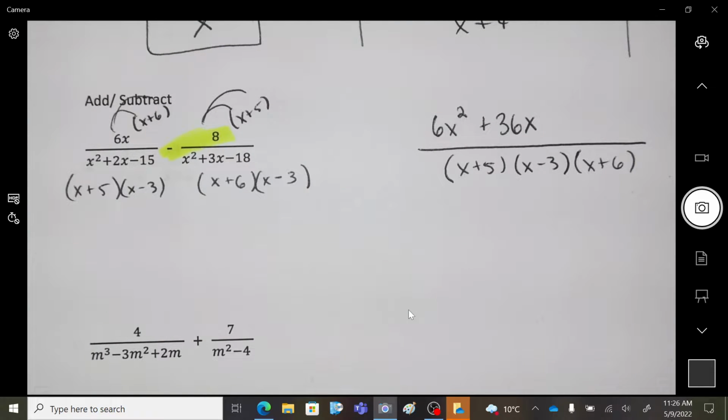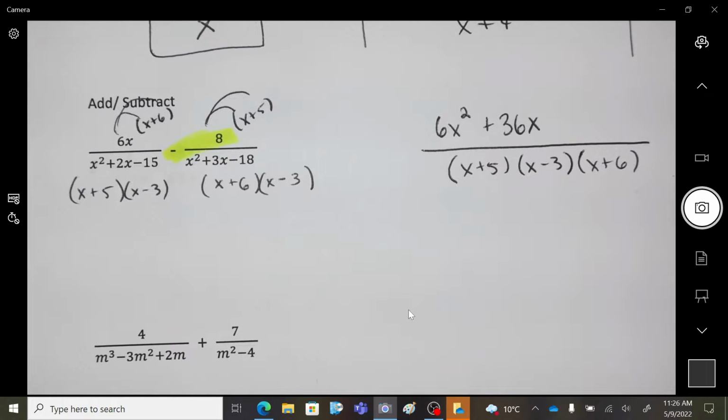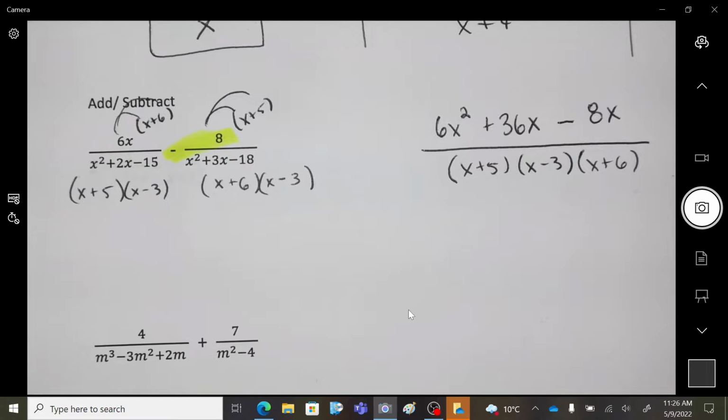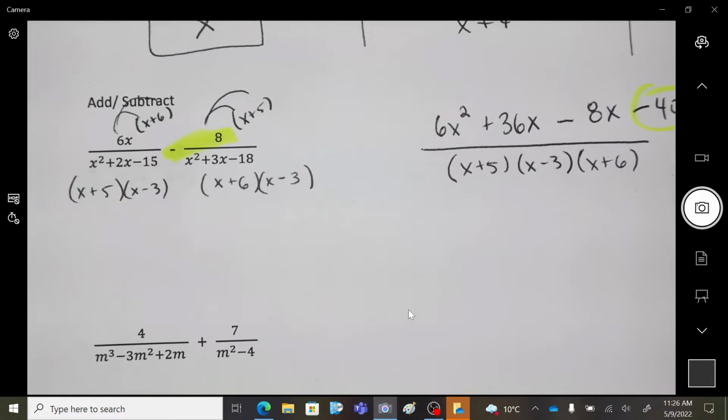That's where I get a lot of mistakes on that negative sign messing it up. So it's going to be minus 8x minus 40. And it's usually forgetting to do it on the second one where the mistakes seem to happen.